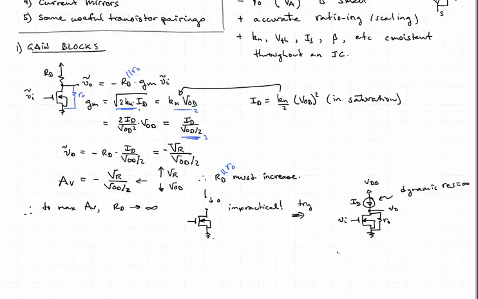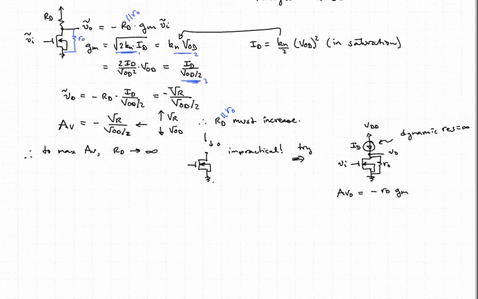But now we would say that Av, and we'll call it Avo here, because Avo is the maximum gain you can achieve. In other words, we've increased this resistance as much as we can. We're down to whatever the transistor provides or limits us to. And we'll have Avo is equal to minus ro gm.